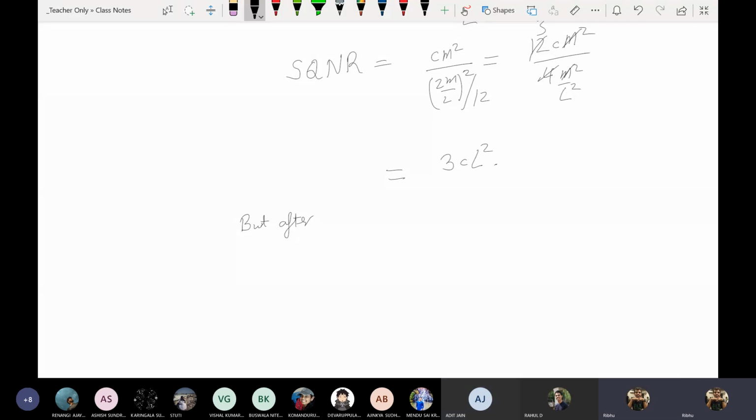That's the beauty: the signal to quantization noise ratio depends only on the number of quantization levels if you calibrate it to the power accurately.